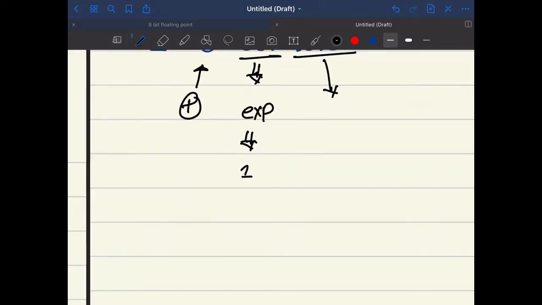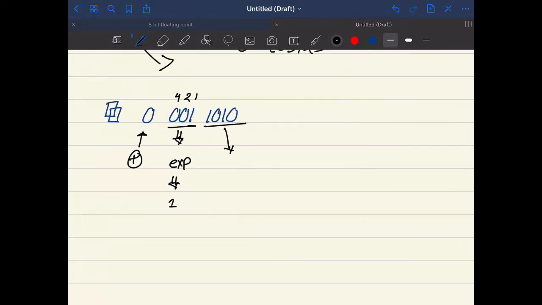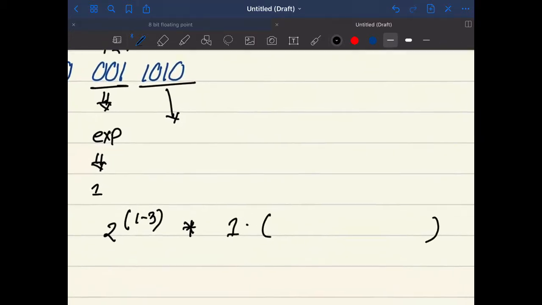This is a positive number, definitely, so we're going to put a positive sign in front of it. 2 to the power, the exponent value here is 1, so 1 minus 3 into, as this is a normal number, it would definitely have 1 and then some fractional value, and we're just going to calculate the fractional value here.